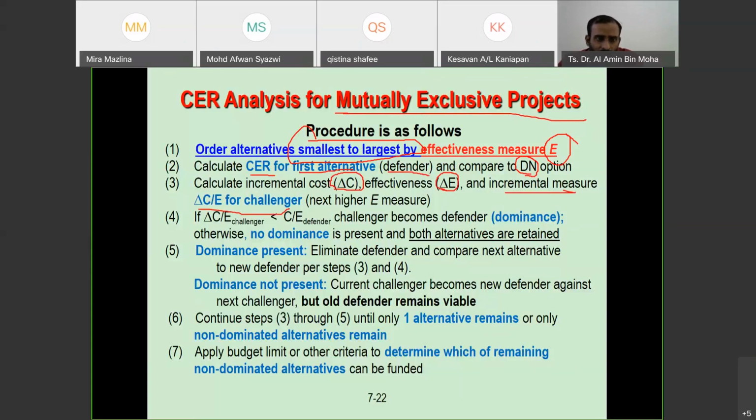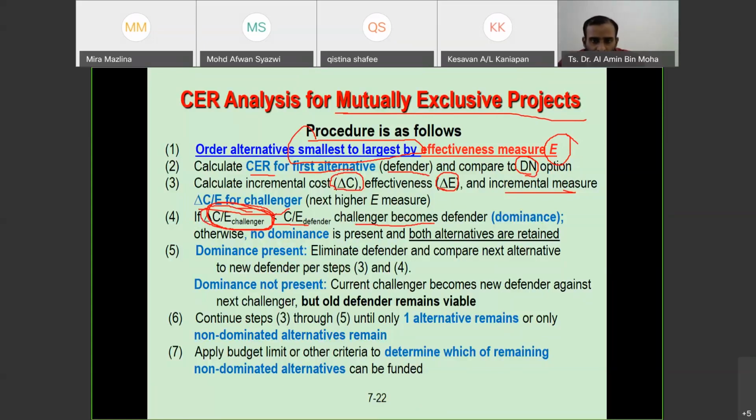If the challenger is lower than the defender, the challenger becomes the defender. Here we want the smaller value.